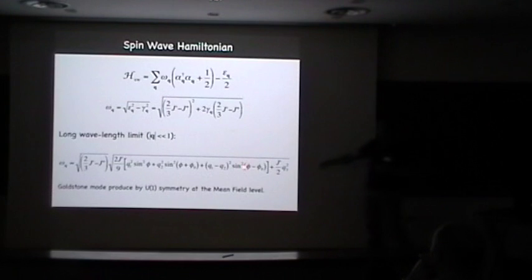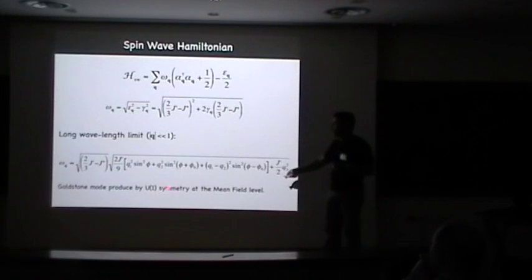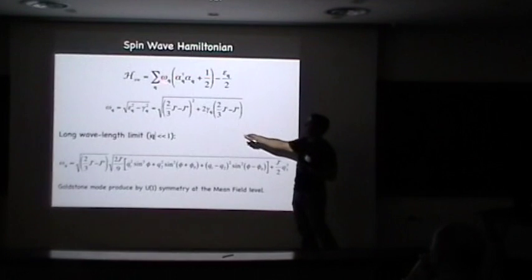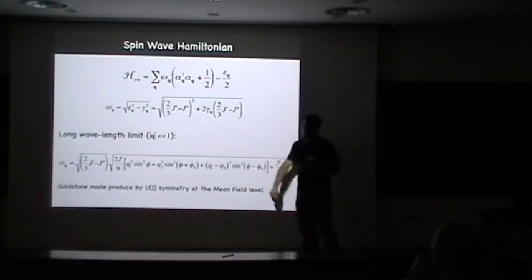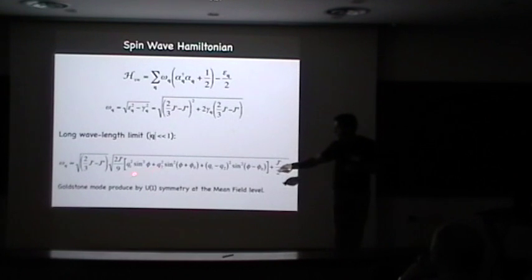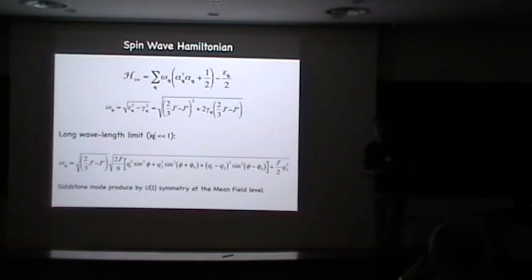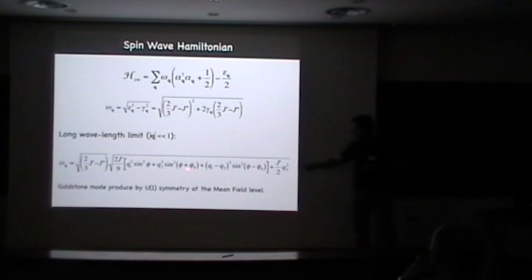Of course, here you can see that this U(1) symmetry of the solution will be broken by the quantum corrections, because already in this Hamiltonian we can see that the ground state has a correction that is the sum over Q of omega Q over 2. And you can see that omega Q already depends on phi.